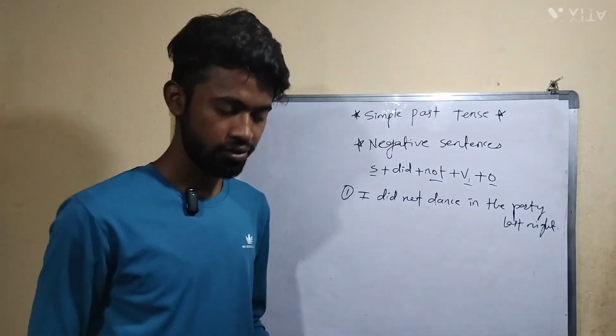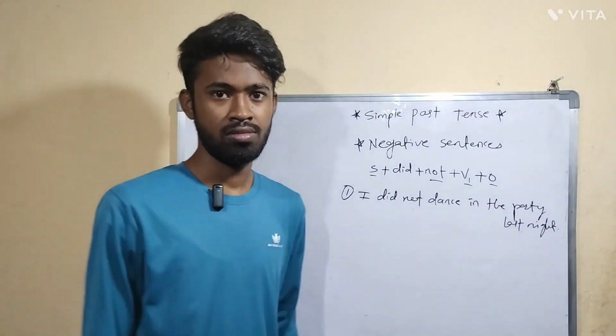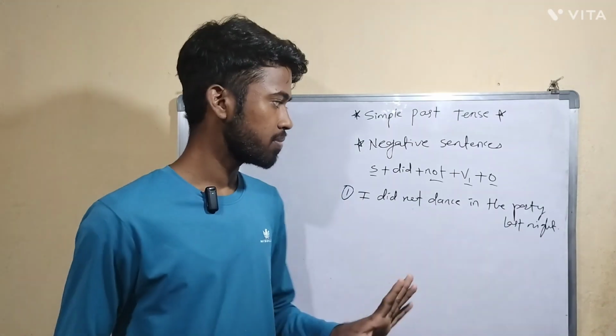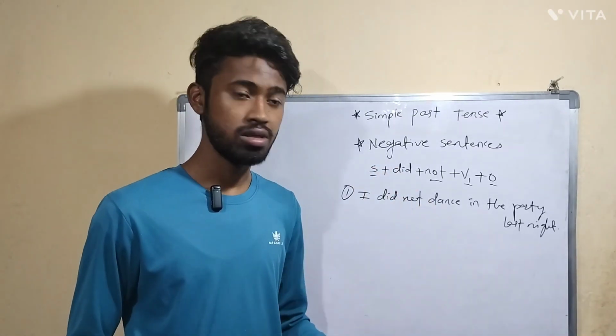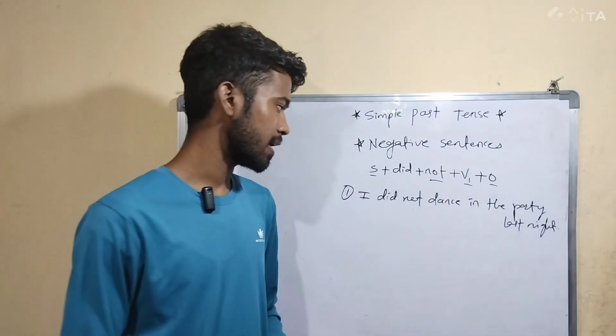Here I forgot to tell you one more thing. Here we are using the first form of verb. In positive sentences we were using the second form of verb, right? But in negative and interrogative sentences we use the first form of verb. There is one reason behind that.